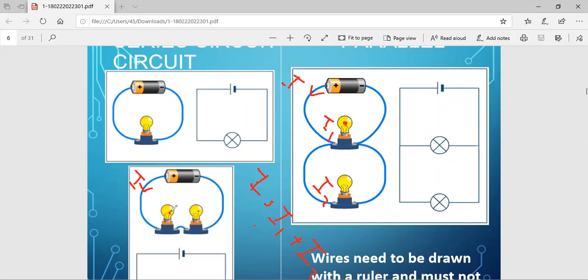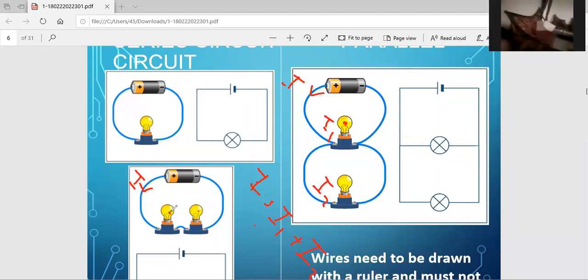As you move into a parallel circuit, the value of the current is going to decrease, and the intensity of the light is also going to decrease. So this is what we were comparing between the intensity of the light in the parallel and the series circuit. This was what we were discussing before.